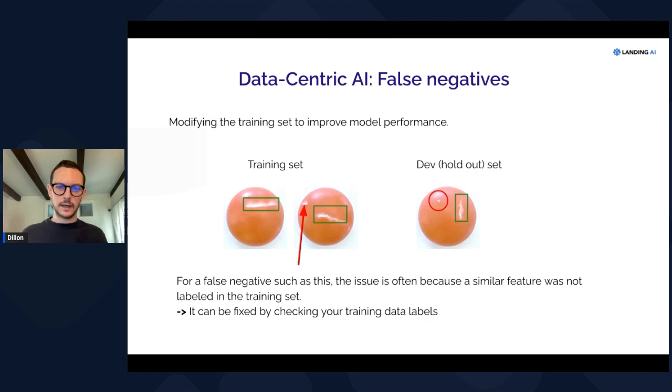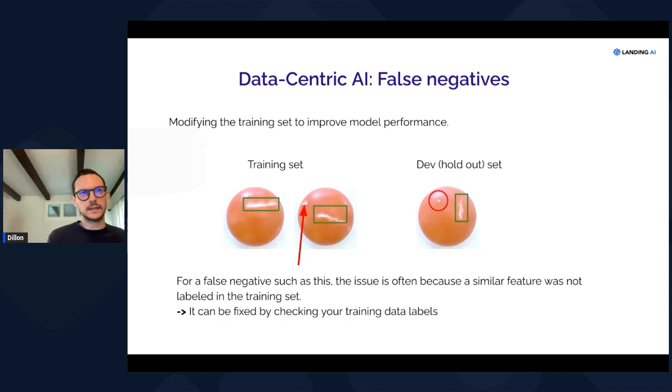Let's say you see a particular false negative. In this case, the model has gotten the scratch, but I wanted it to get this pick mark, and it's missed the pick mark. So I've trained the model, I'm looking at the test set, and I see this issue: there's a false negative, it's missed the pick mark.